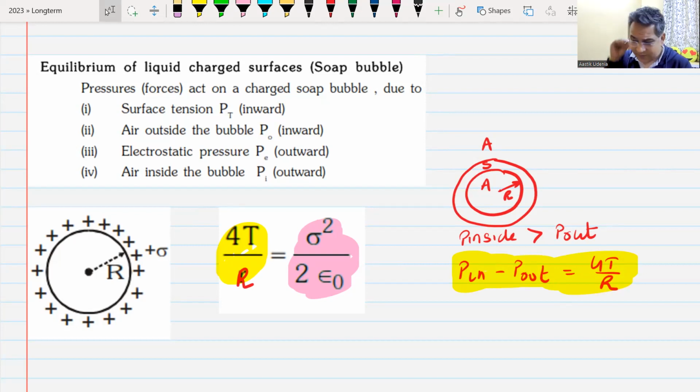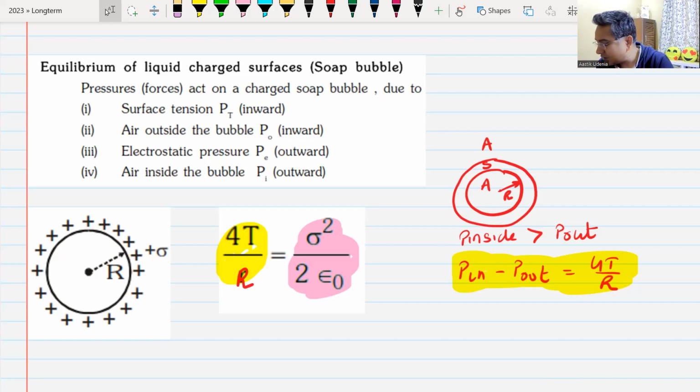Okay, then we will wind off this class here. In the next class, we will see some properties of conductor, which is the next thing, and probably by next class we should be able to wind down your electrostatics.